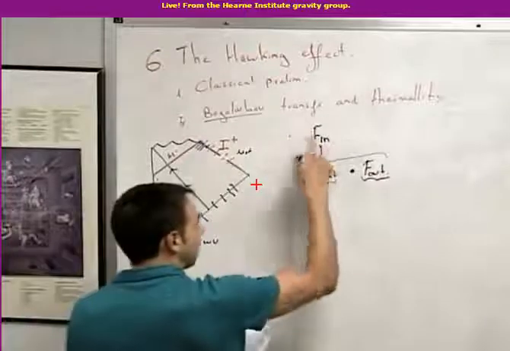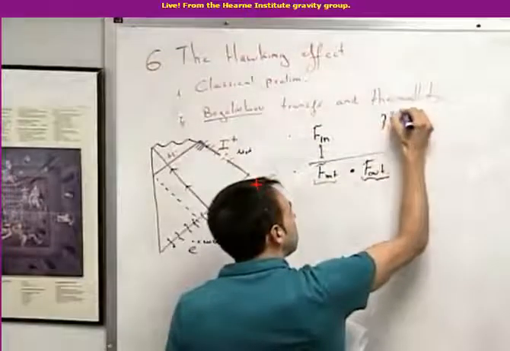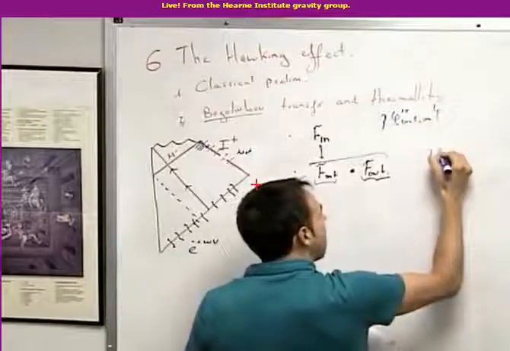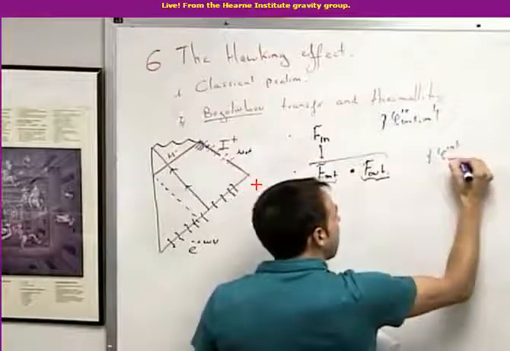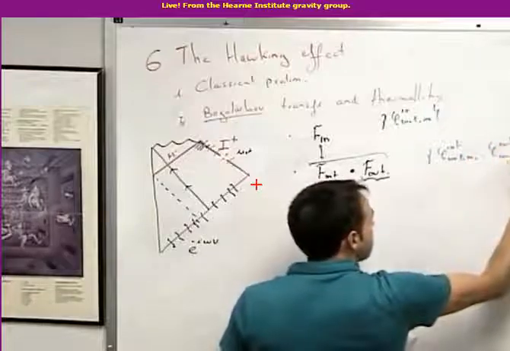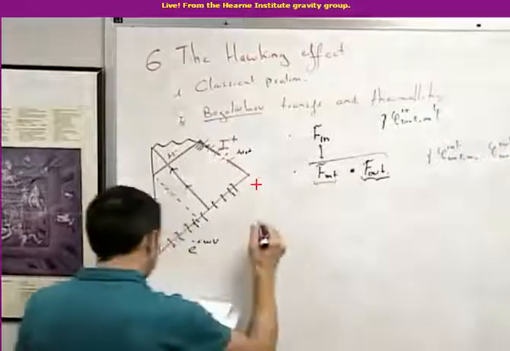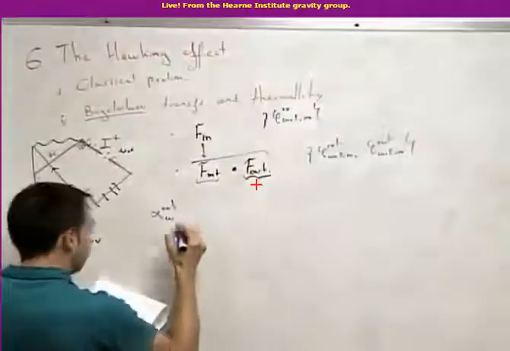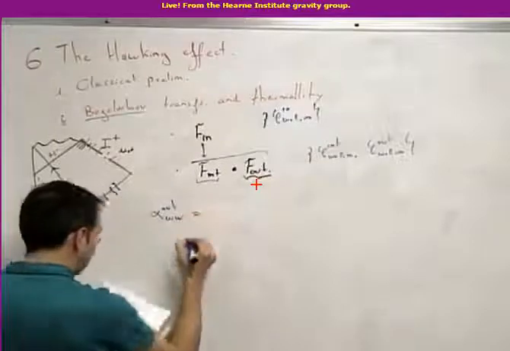So we have two bases: the basis of in modes and the basis of out modes. And we found, in fact, I didn't obtain the Bogoliubov coefficients explicitly.